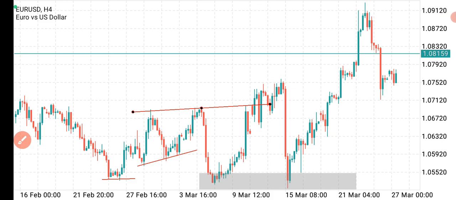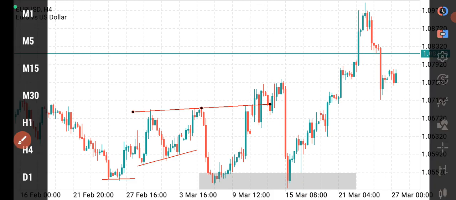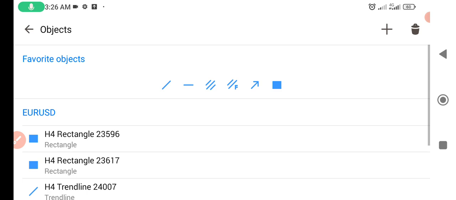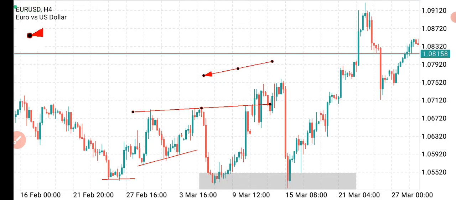the body of that candle did not close below the previous low. We don't consider the wick when we are talking about the structure. You don't consider the wick. What you consider is the body of the candle.